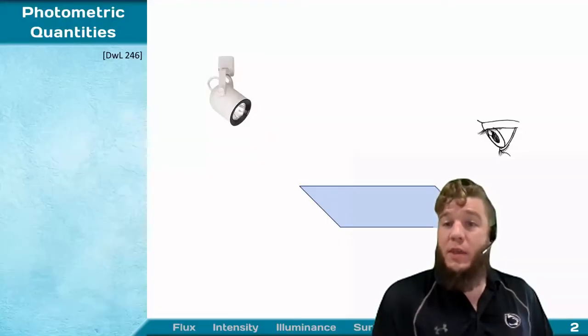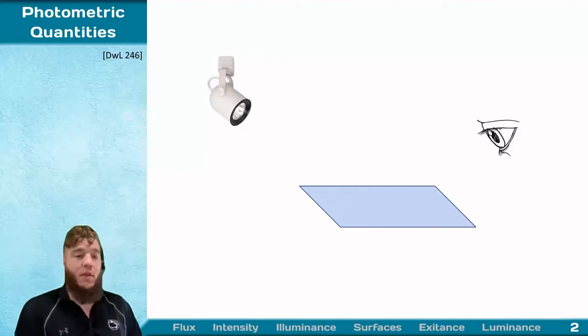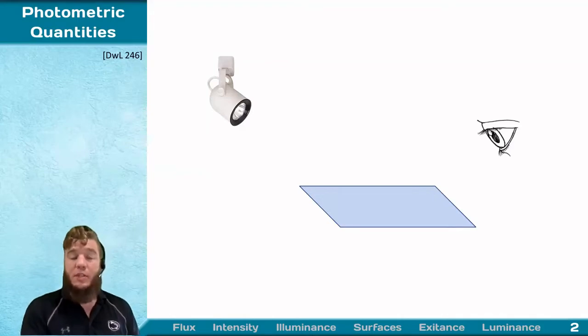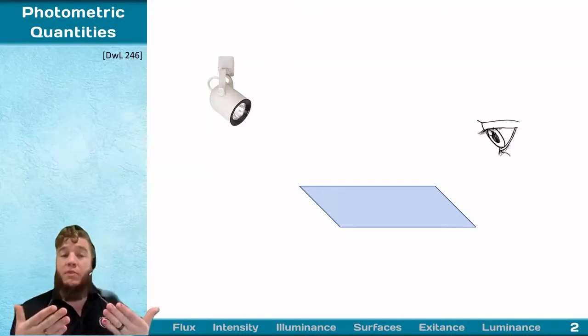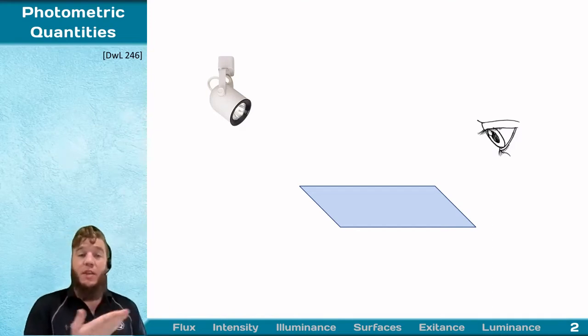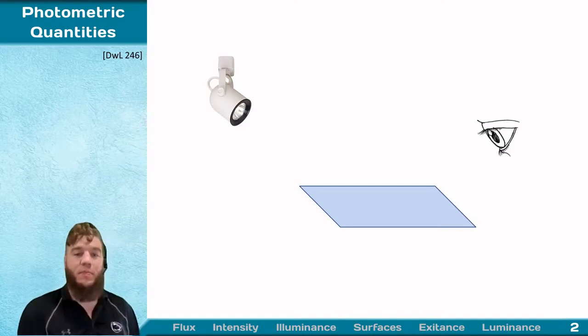We'll start with a roadmap. Much like the vision and perception lecture, what we need to get our photometric quantities is basically just two things, and that is a light source and a visual system.